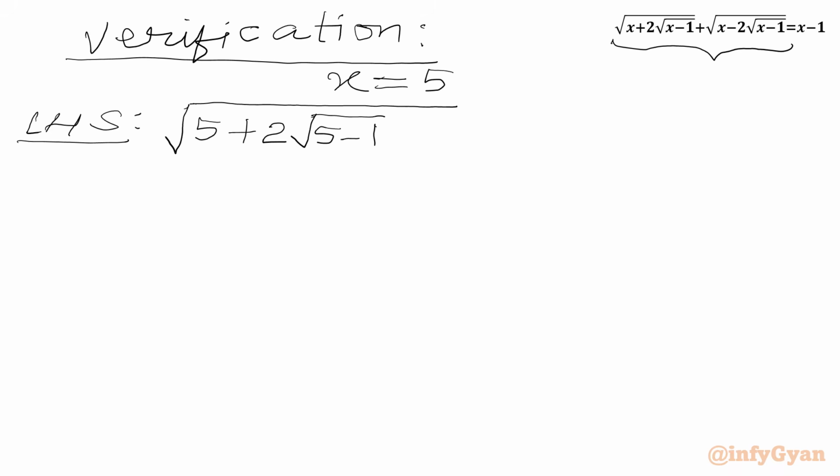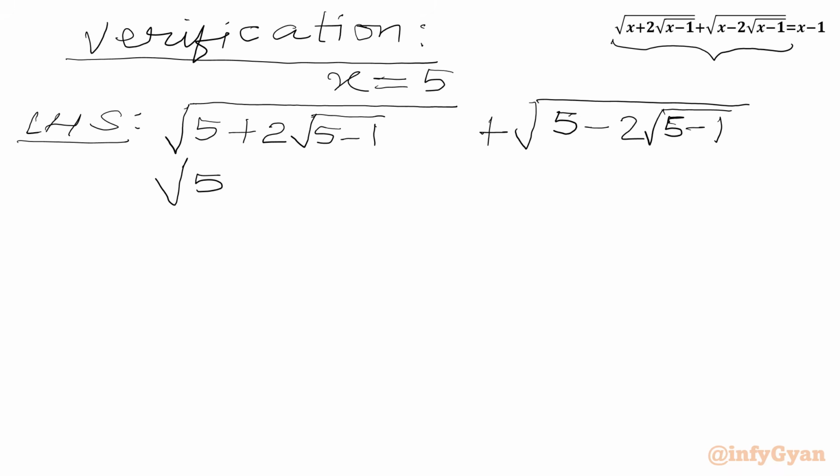Then we have a plus sign, square root of 5 minus 2 times square root of 5 minus 1. Value will be equal to 5 plus 2 times square root 4 plus square root 5 minus 2 times square root 4.